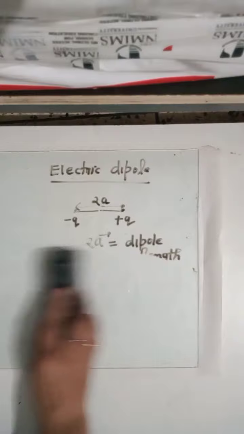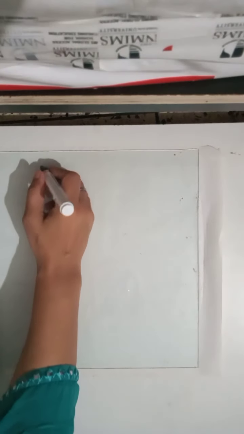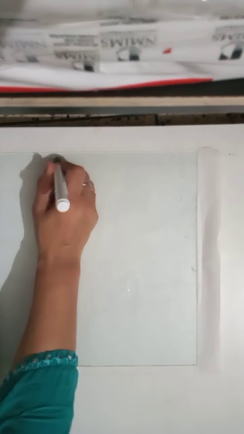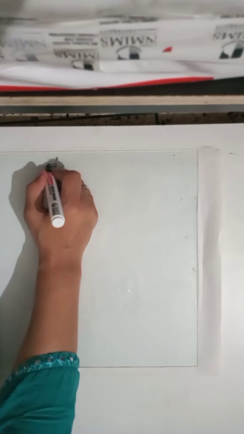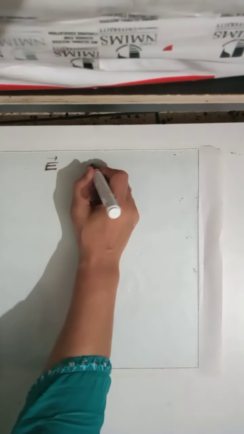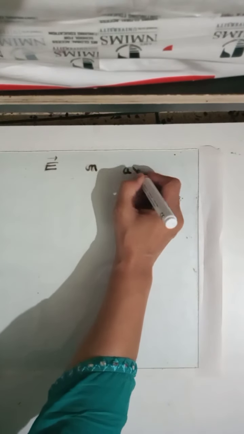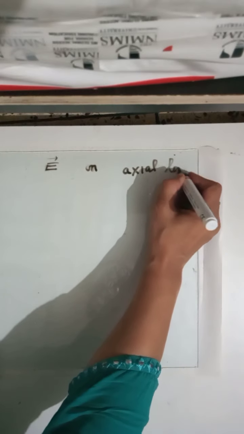Now, the next topic is electric field due to an electric dipole at a point lying on the axial line. What do you mean by the axial line? Axial line of an electric dipole means a point that lies on the axis of the electric dipole.